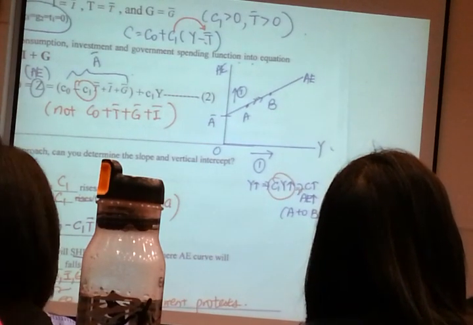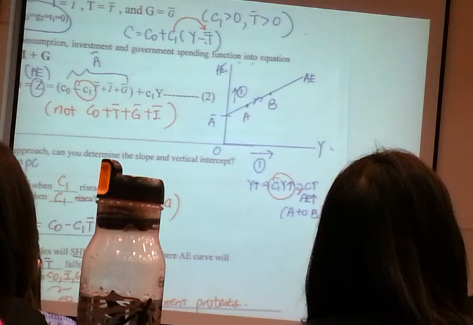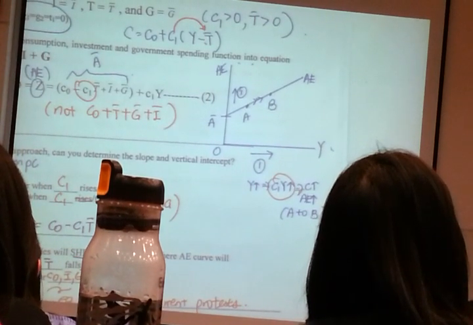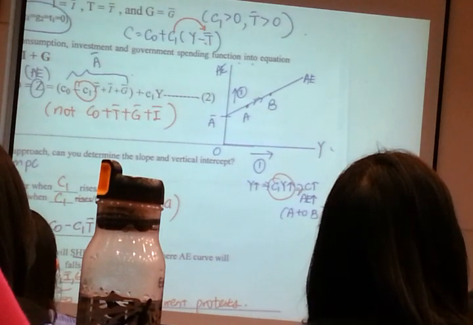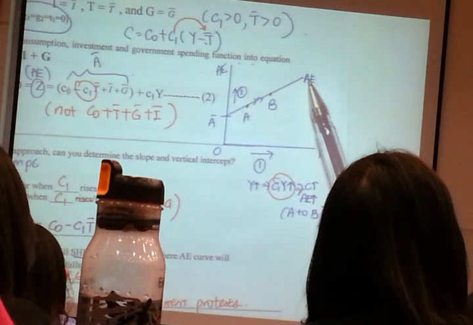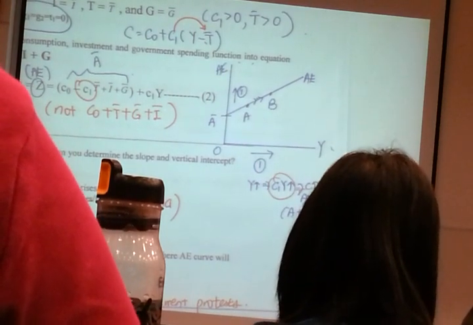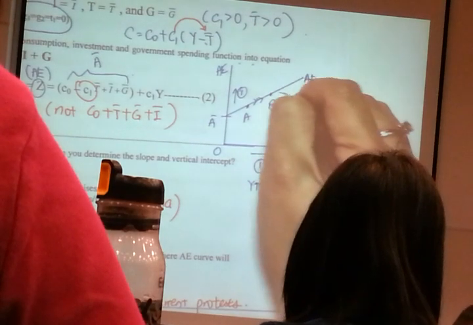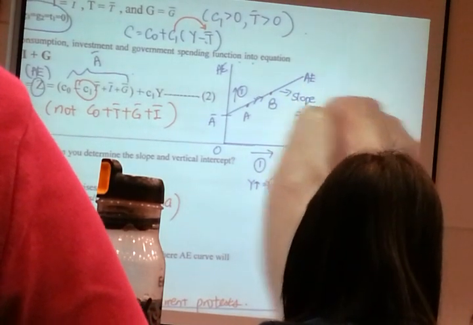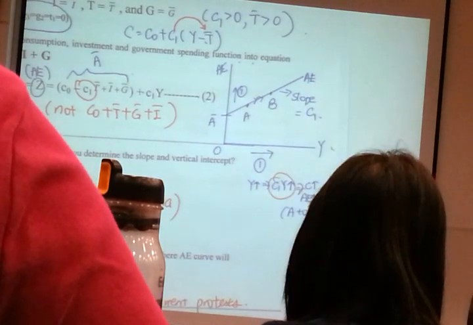That's why C1 is very important to a country, and that's why China wants to change her C1. She wants the Chinese to save less. Then you can have a bigger movement, or in fact, a bigger change in your AE. So you go from A to B, and of course we know the slope here is C1.